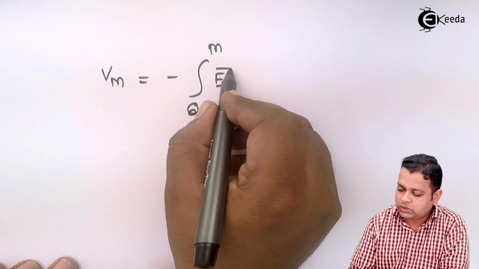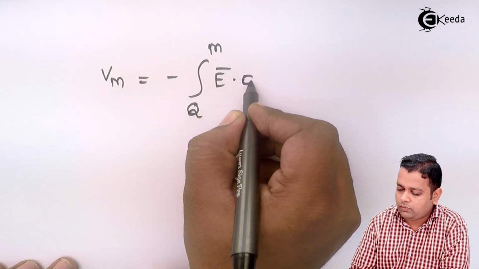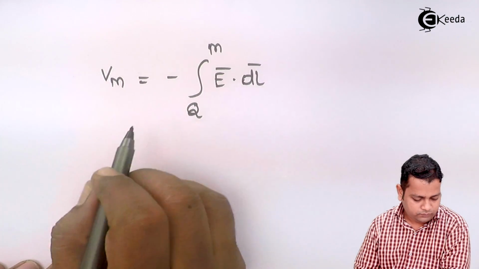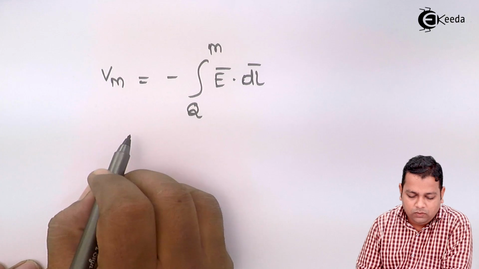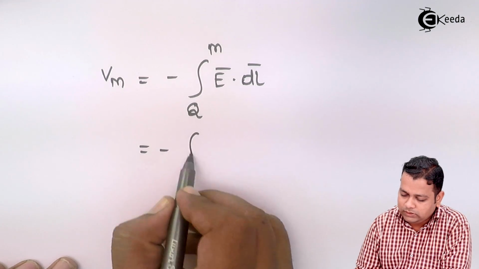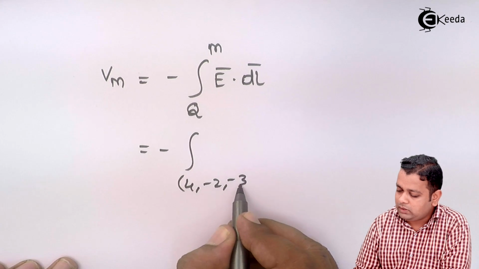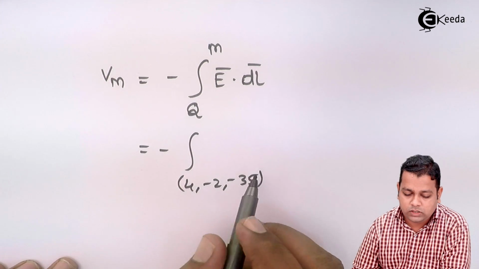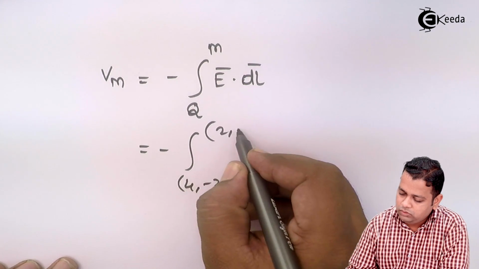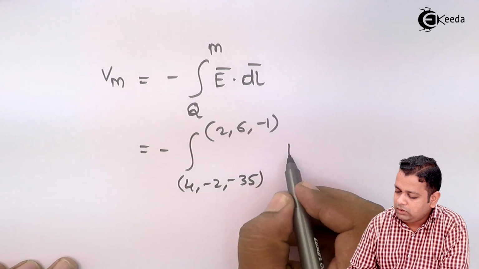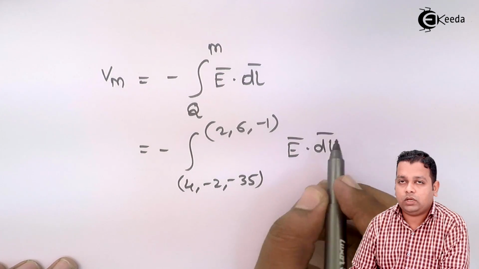So this will be associated with E dot dL. Now V_M will be equal to minus integral, it will be (4, -2, -35), the coordinates of point Q, to (2, 6, -1), E dot dL.